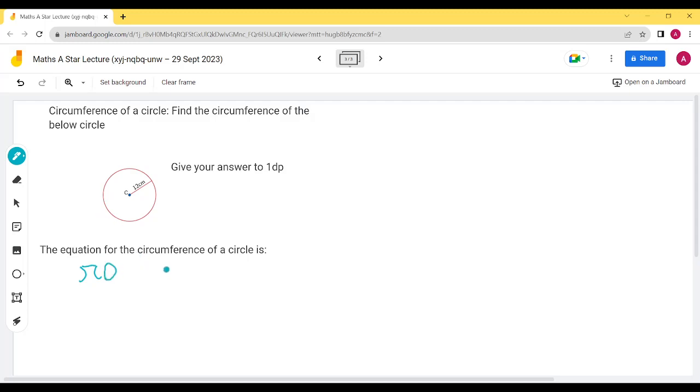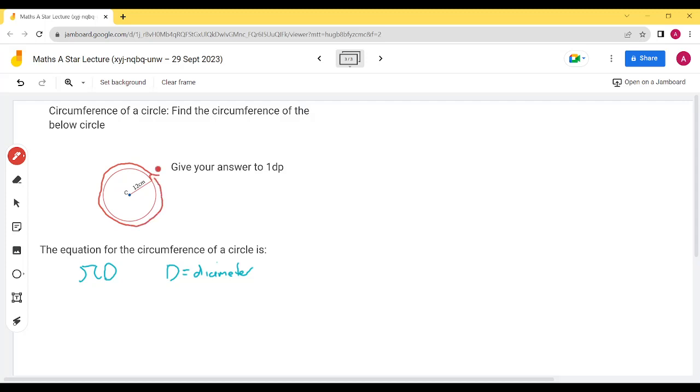Now, d just means the diameter. And remember the circumference, it just means round the outside. So this is what it means by the circumference.